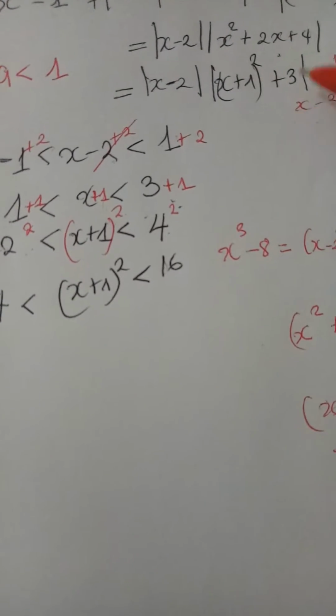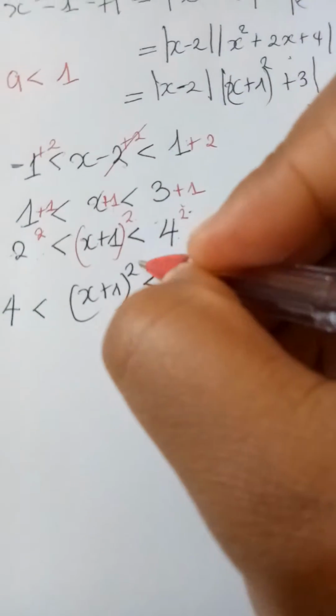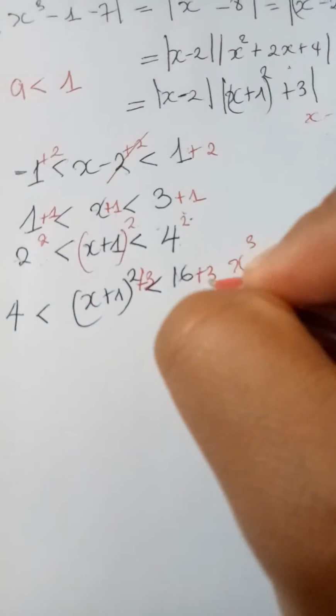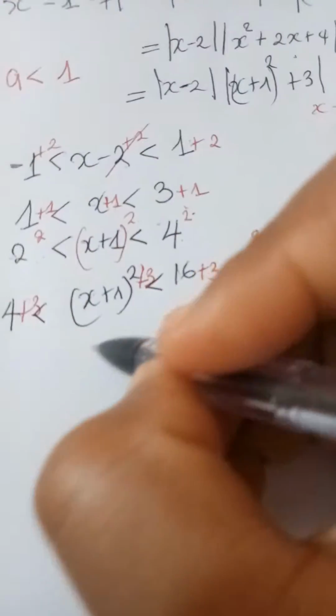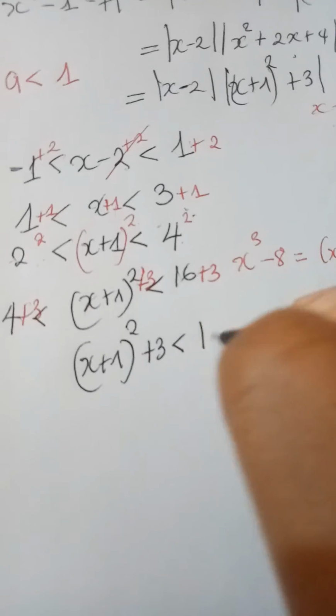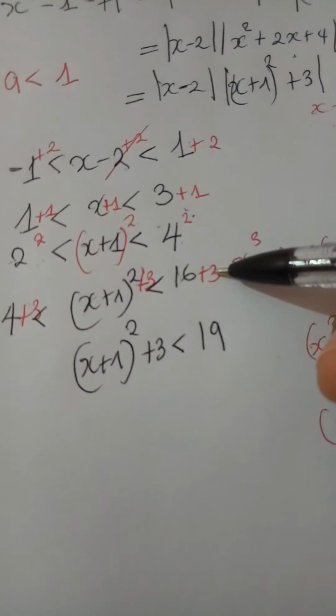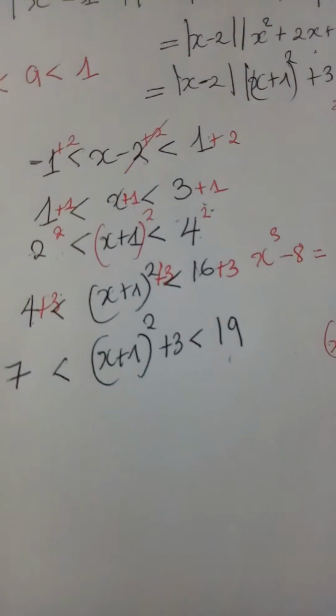The thing that is left is for me to add 3, which of course I'm going to do. So here I'm going to add plus 3, and then plus 3. If I do that, I'll have (x plus 1) squared plus 3 less than 19, because 16 plus 3 will give me 19, and 4 plus 3 will give me 7.